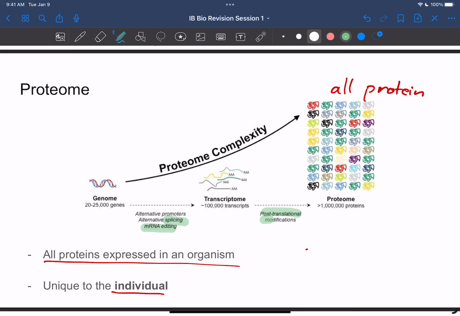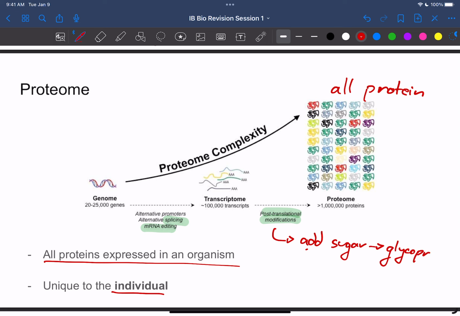So anything you do to the protein, you could add sugar to make it a glycoprotein, and many other examples. Splicing is one of the three factors.